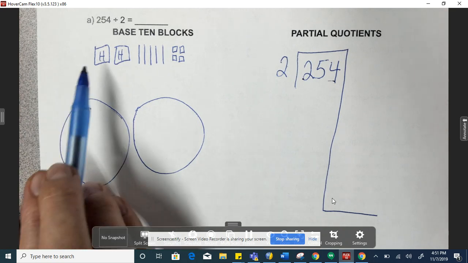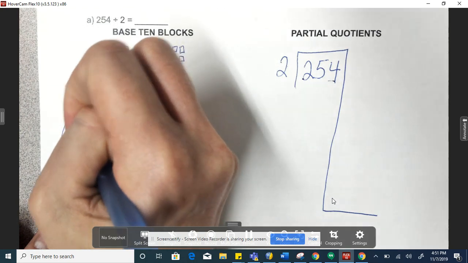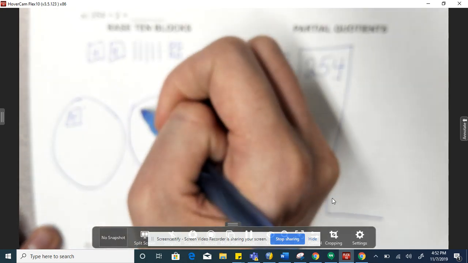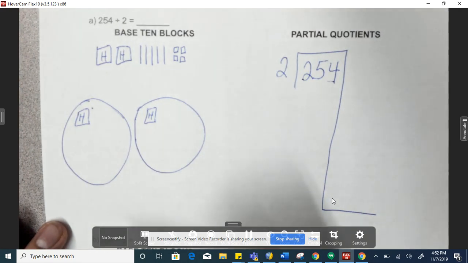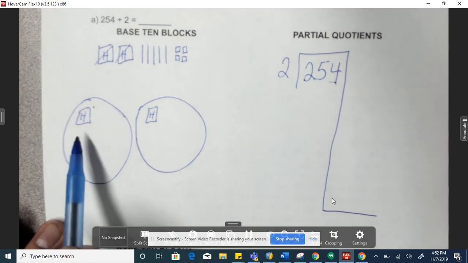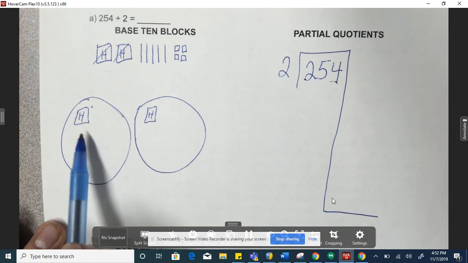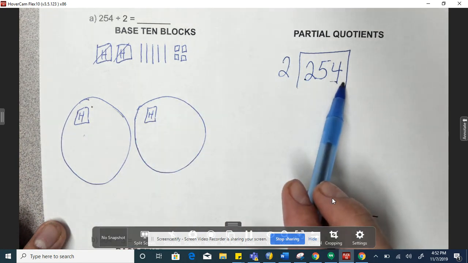Let's start by distributing the hundreds. We're going to put 100 in one group and the second 100 in the other group. So now that I've used 2 hundreds, I'm going to cross them out. Now I'm seeing in just one group, we have 100. So I'm going to relate that to my partial quotients.